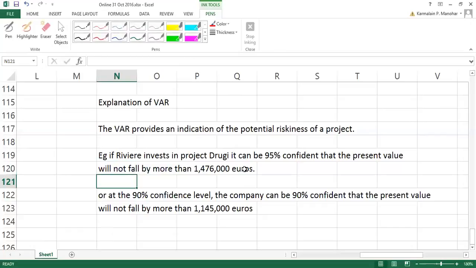Right, so that's the concept. Now, you could say it the other way around in terms of the 100 minus 95 gives you 5%, or the 5% chance that you would lose that amount. So this is what we can use again to find or to decide between projects.